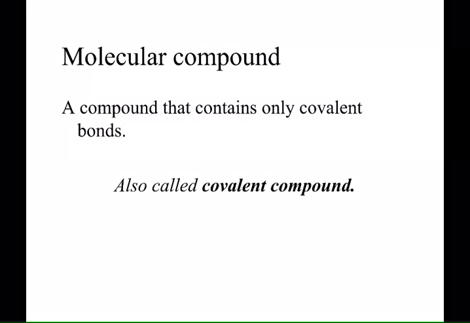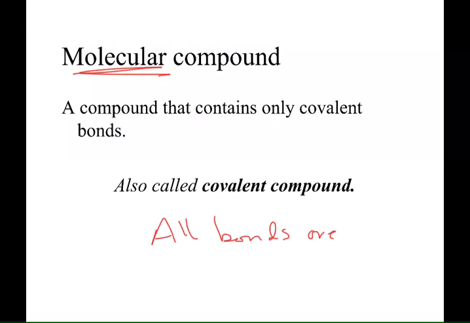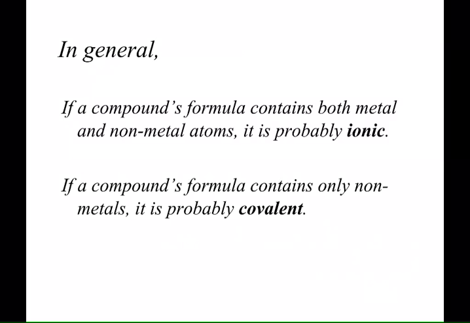Molecular compounds and covalent compounds are synonyms, and if you have a molecular compound, that means that all bonds are covalent. So all chemical bonds, electrons are shared. So no ionic chemical bonds. This is just kind of reviewing, which is kind of nice.